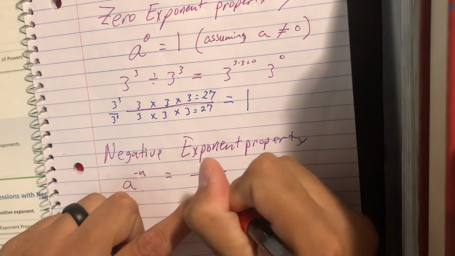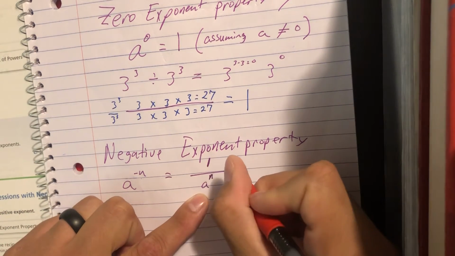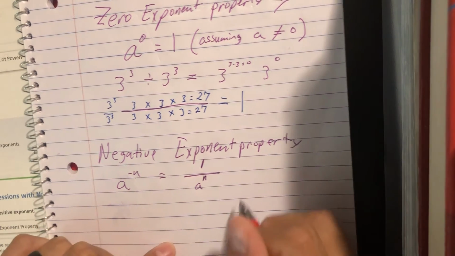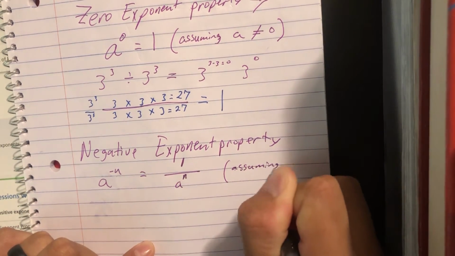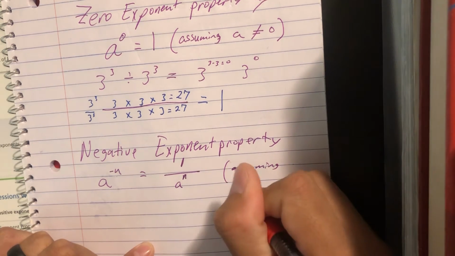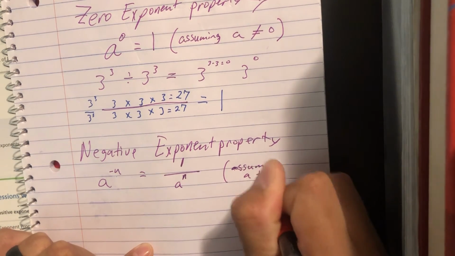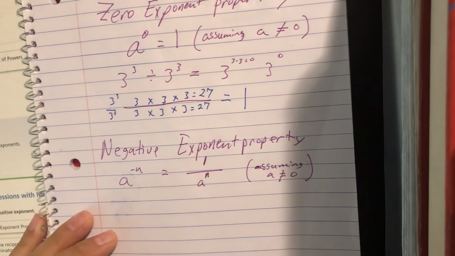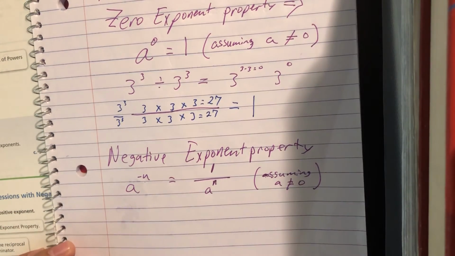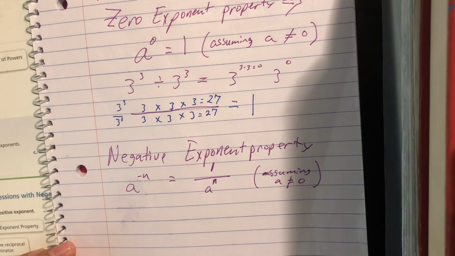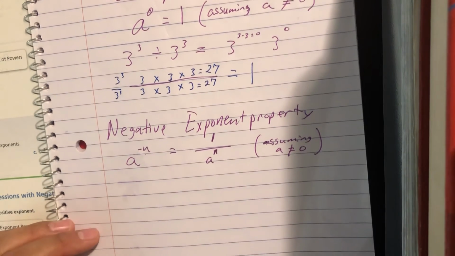It's just a positive n. And this is once again assuming a is not equal to 0.